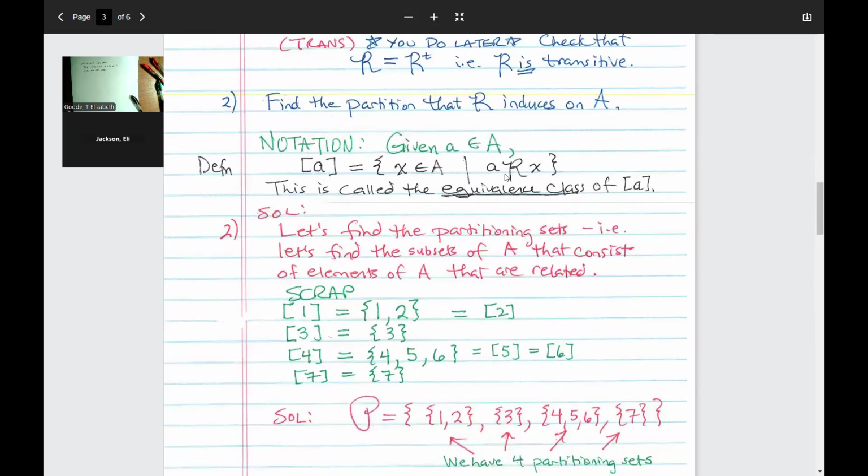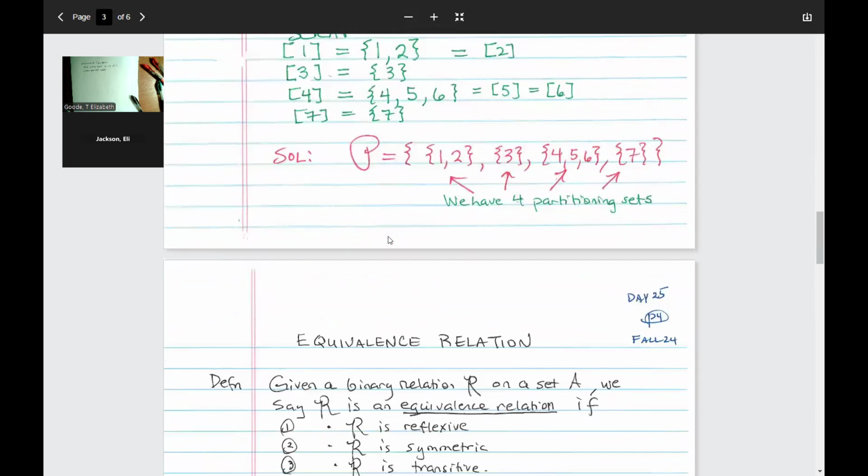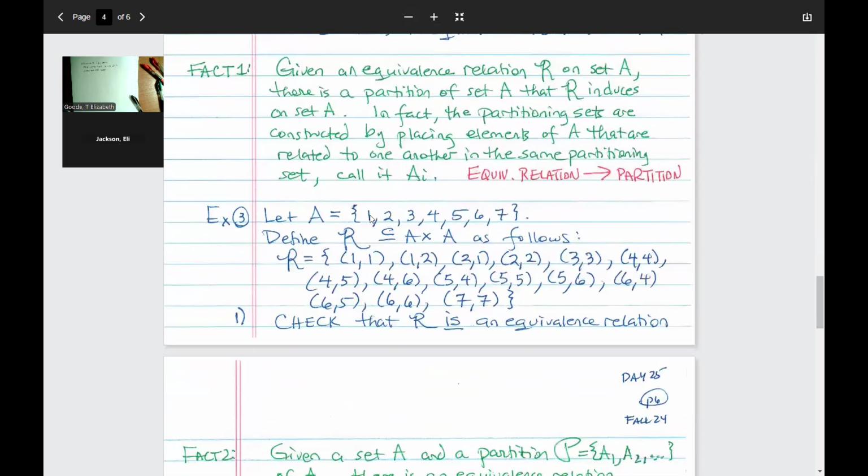And we introduced some new notation for the equivalence class of an element of A. What is the equivalence class of a? It's called square bracket a. It's all the x's, all the elements in A that are related to little a. So here we go. We start with 1. 1 is one of the elements of A. See, 1 is in there.